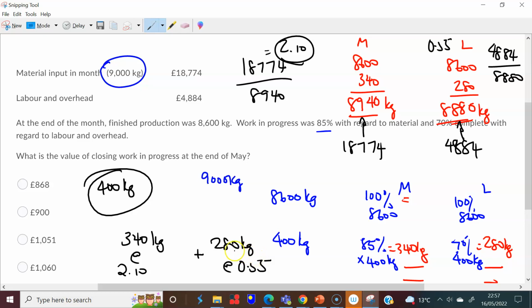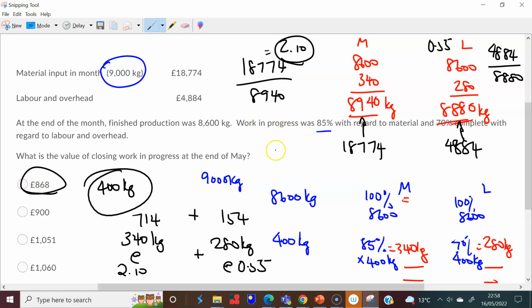Right? So when we do this, we have 340 times £2.10, which is 714, plus 280 times 0.55, which is 154. Add the two together, and you have 868, right? And that's how we arrive there.